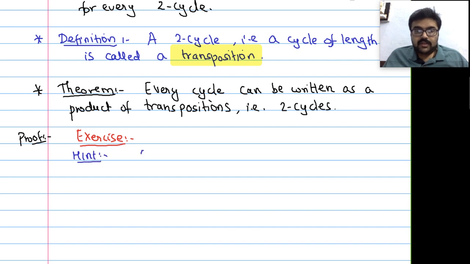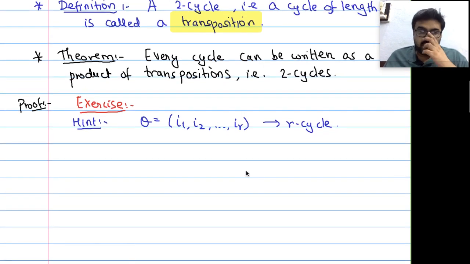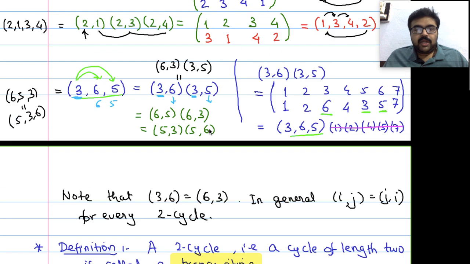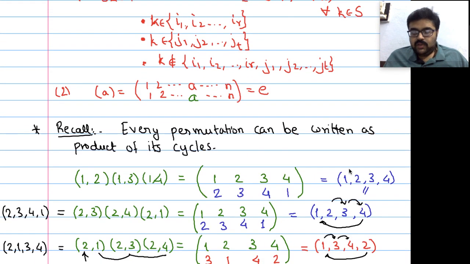I consider a cycle theta equals (i1 i2 ... ir). This is an r-cycle, a cycle of length r, also a cycle of order r. And this we want to write as a product of transpositions. The same technique applies here: for (1 2 3 4) we wrote (1 2)(1 3)(1 4).